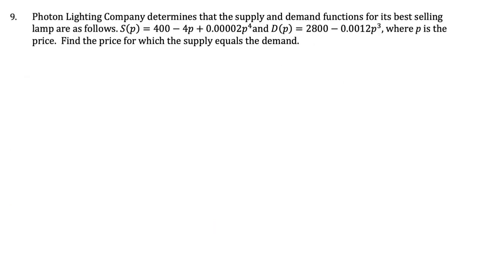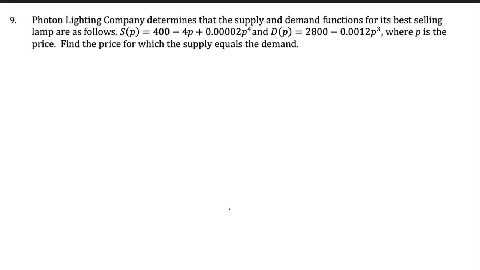Okay, so for the next one, number 9, what you will need to do is to graph both functions. Graph s at p and d at p, and then find where they intersect.